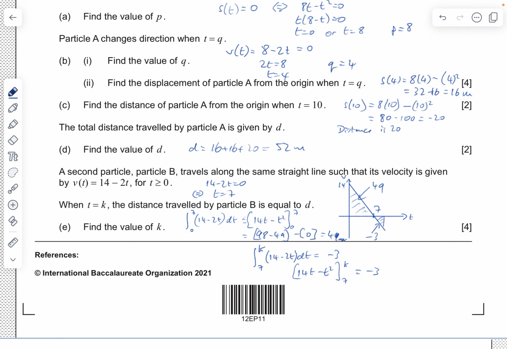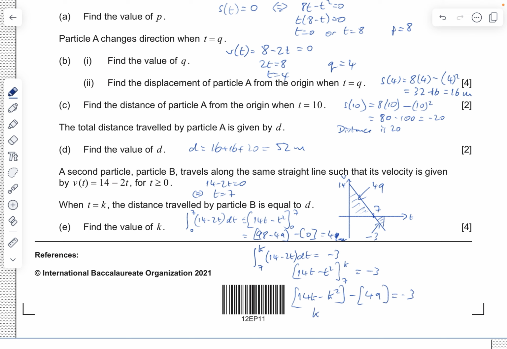So that means that 14k subtract k squared subtract, we did this before, this is already 49, equals -3.